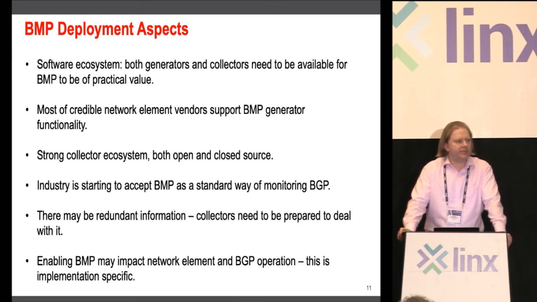Therefore, it's much easier for an implementation to send out portions of information at different times than a full unit of information collected at the same time. Therefore, you might receive multiple updates for the same prefix having different modified attributes because they are being processed at a different time in a BGP pipeline.